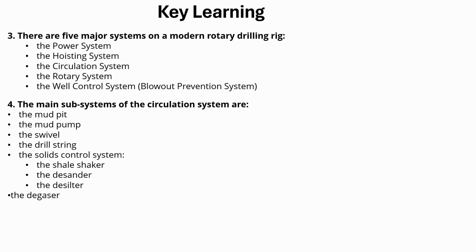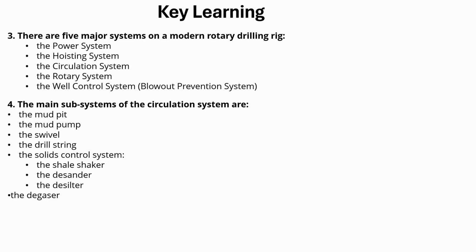This slide summarizes the 5 major systems on a modern rotary rig: power, hoisting, circulation, rotary, and well control. It also reviews the main components of the circulation system, such as mud pits, mud pumps, swivel, drill string, shale shaker, desander, desilter, and degasser.